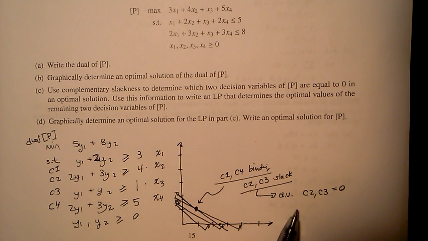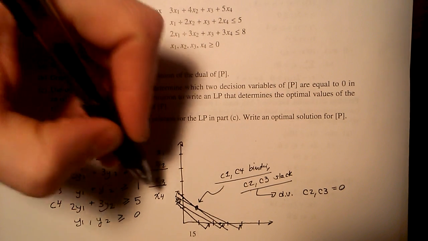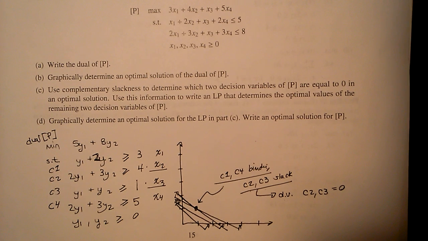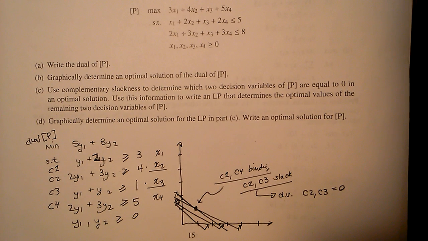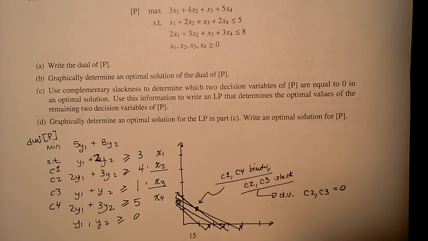This complementary slackness result told me that the dual variables, that's what I meant by DV here, the dual variables associated with constraints 2 and 3 are equal to 0 in the optimal solution. That tells me that x2 and x3 are equal to 0 in the optimal solution. So that's what part C is trying to drive at. That since constraints 2 and 3 are slack in the dual, that tells me that the dual variables associated with those constraints in the dual, which happen to be my original primal decision variables x2 and x3, are in fact 0. And I can use that to help me solve the original problem.